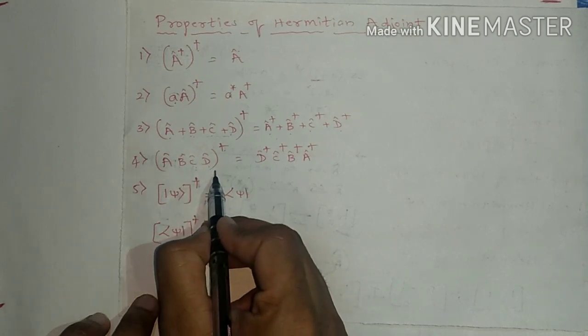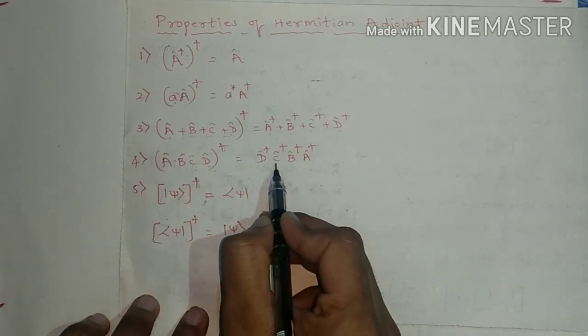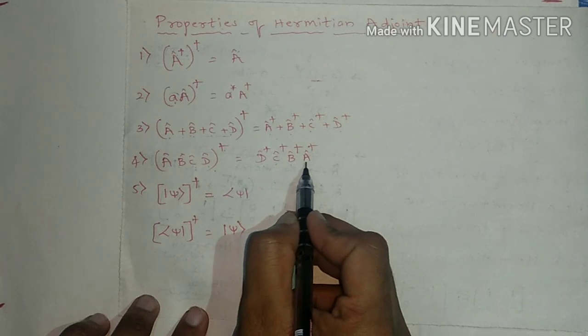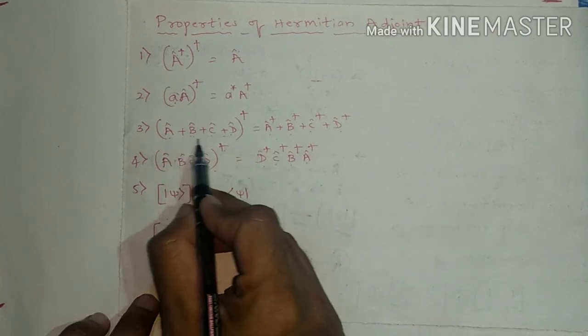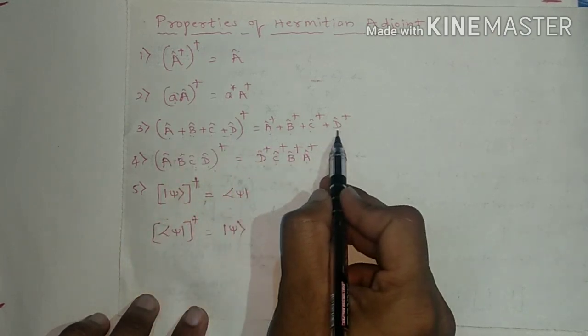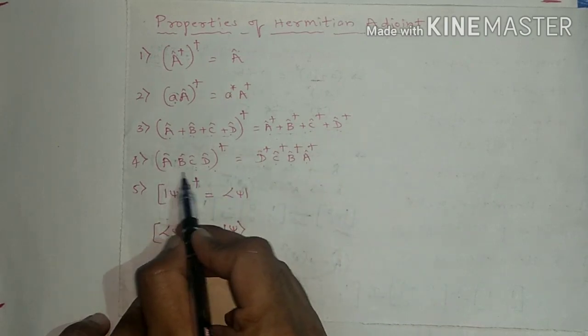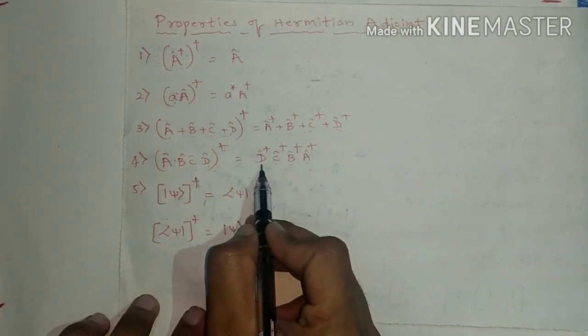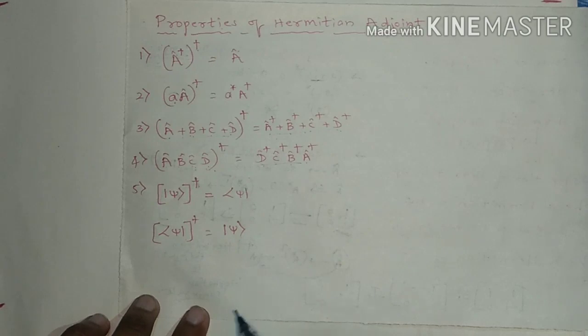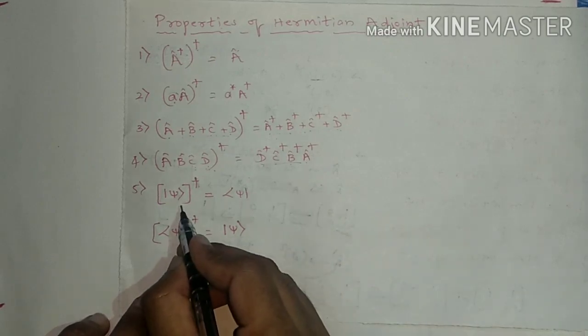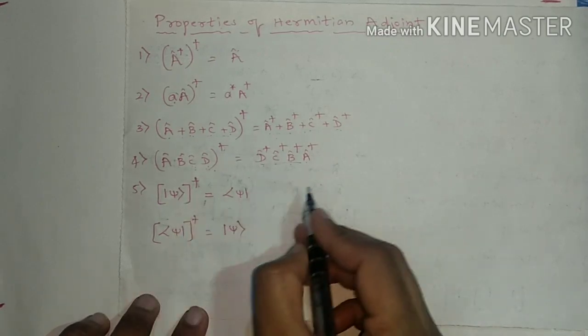This gives us D dagger, C dagger, B dagger and A dagger. The same order is followed in the case of addition, but for multiplication the order is reversed.